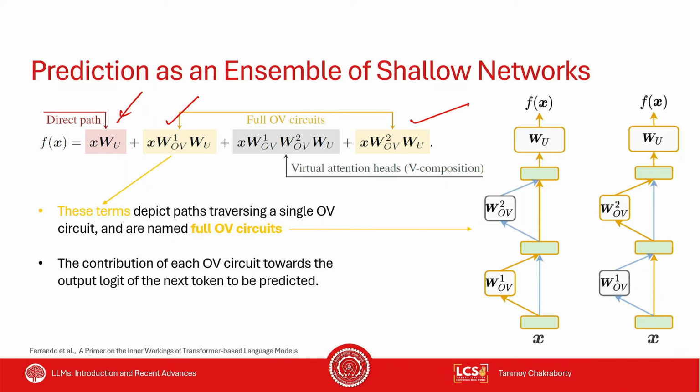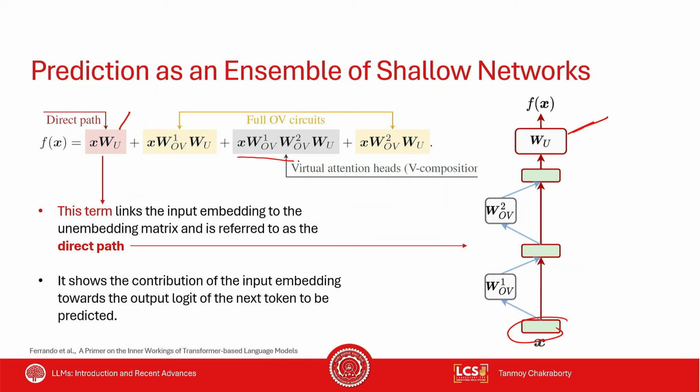This one and this one are called full OV circuits, full output value circuits, because for each of these you just need one OV circuit. The third one is very interesting. I mean the middle one here: you can think of this OV1 OV2 multiplication of two matrices, two circuits, as a single attention head.